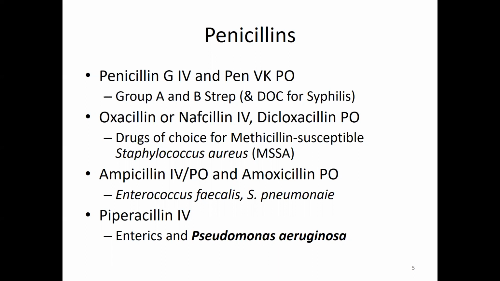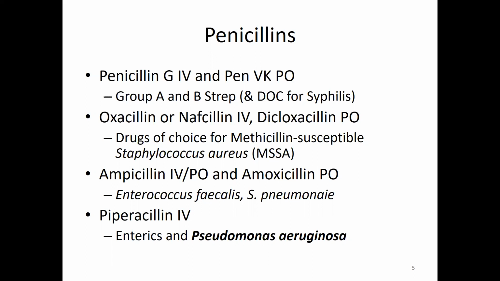You can also treat strep pneumo in a lot of cases, but it depends on the sensitivity of the organism. These are also the drug of choice, at least the IV formulations or parenteral IM injections of penicillin, for syphilis. That's beyond the scope of this particular lecture. You'll cover that more in the sexually transmitted infections class.